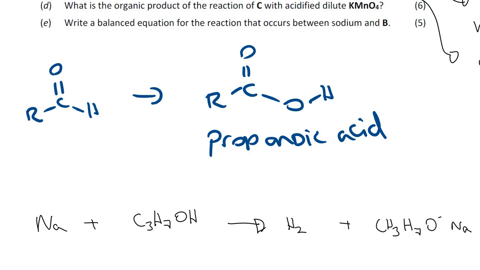But now we need to balance that. Because we're forming hydrogen gas, H2, we're going to need 2 of those to form 2 of the salt, and 2 of those. So we need to double up on the others to make sure there's the same number of atoms on the left as on the right.